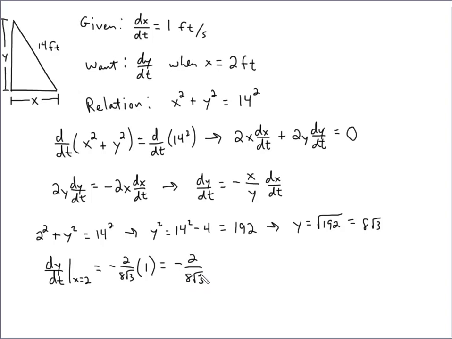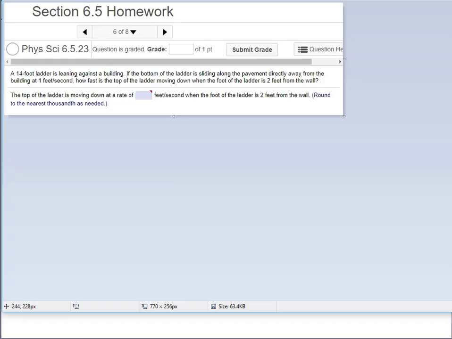That can be approximated as negative 0.144. The units are feet per second, and the ladder is moving down.